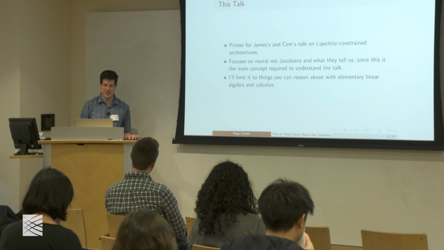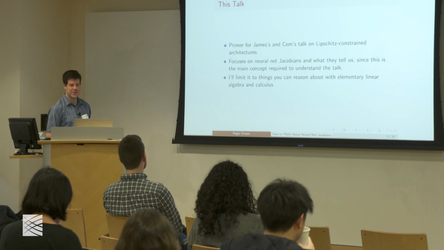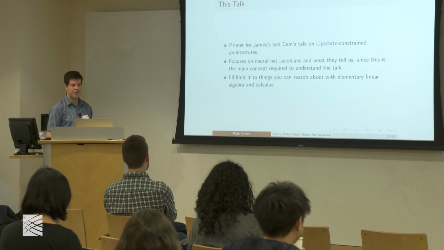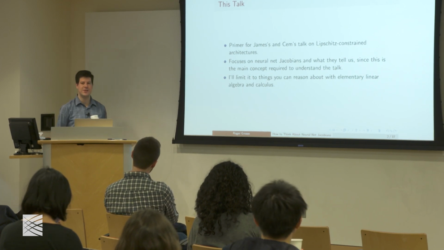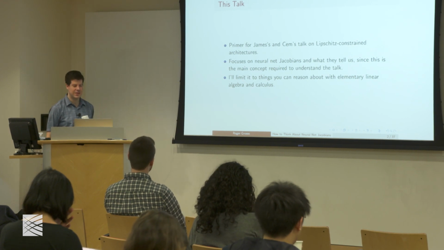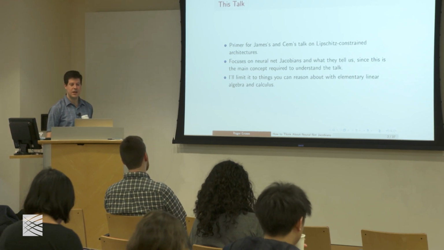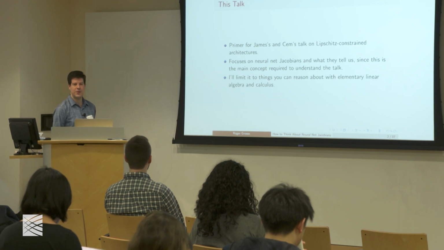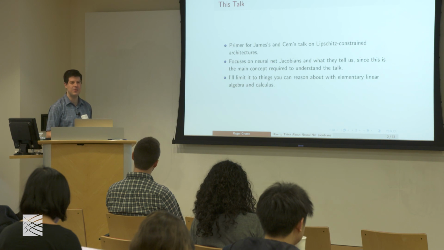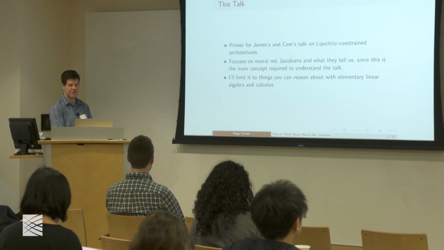And so, as I said, this is the primer for James's and Jem's talk on Lipschitz-constrained architectures. And the primer focuses on neural net Jacobians because that's really the main concept you need for understanding the research part of the talk. And so I'll be talking about what we learn from looking at Jacobians and how you compute with them and what they tell us about neural net optimization.